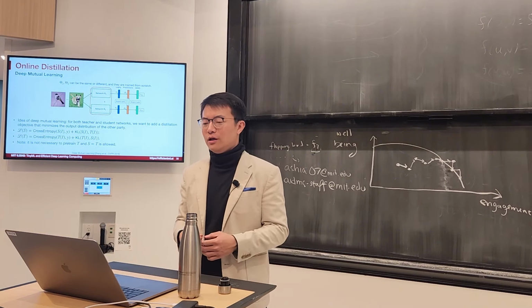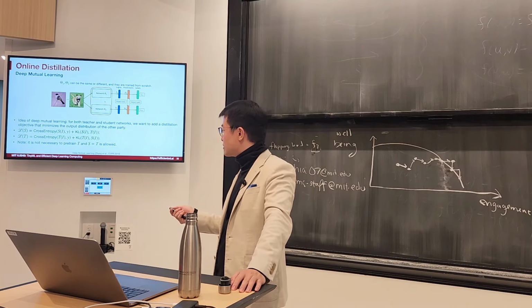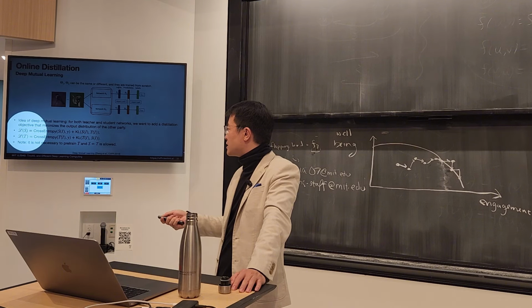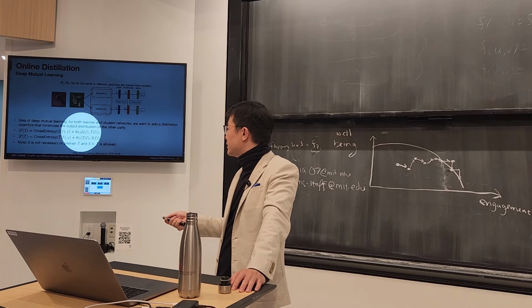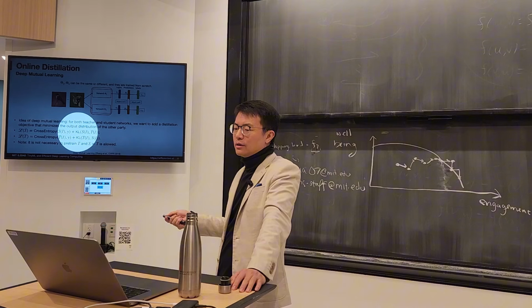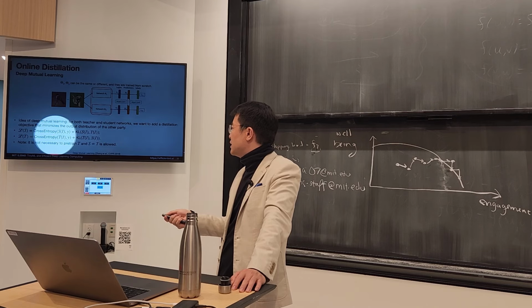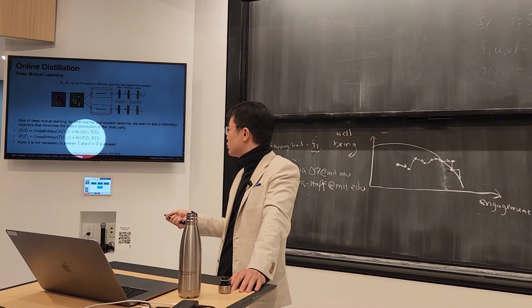So you have two models of exactly the same size. What you do here is add a loss, not only the cross entropy loss. Here S is for student, T for teacher. You have the cross entropy loss for the student, where Y is the ground truth label, and then you have the KL divergence, the knowledge distillation loss, treating the second model as the teacher and the first model as the student. When you're training the teacher, you not only have the cross entropy loss, but we use the student model as the teacher and the teacher model as the student.